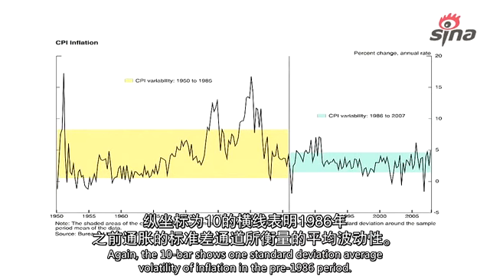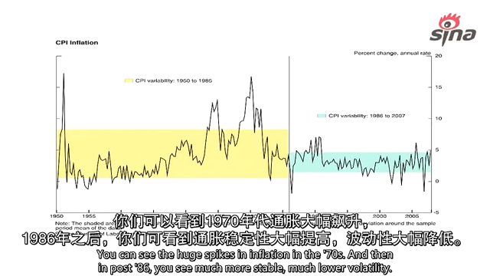Again, the tan bar shows one standard deviation average volatility of inflation in the pre-1986 period. You can see the huge spikes in inflation in the 70s. And then in post-86, you see much more stable, much lower volatility.